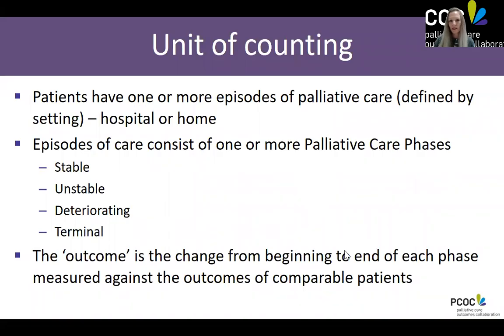The unit of counting in PCOC is that patients have 1 or more episodes of palliative care, which is identified by the setting of care, for example, hospital or home. And then episodes of care consist of 1 or more palliative care phases: stable, unstable, deteriorating, or terminal. The outcome measured is the change from the beginning to the end of each phase, and then measured against the outcomes of comparable patients.